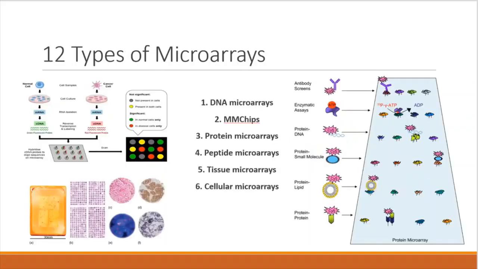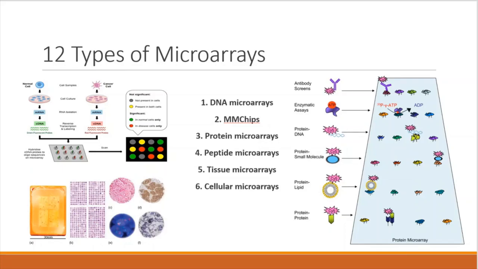There are 12 types of microarrays. You have DNA microarrays, which measure expression levels of thousands of genes at once. This helps scientists who study diseases and develop medicines, like I've already touched on. Then chips, which are for viewing microRNA populations and interactions between DNA and protein. You have protein microarrays, which determine protein function on a very large scale, and you can study these proteins in parallel.